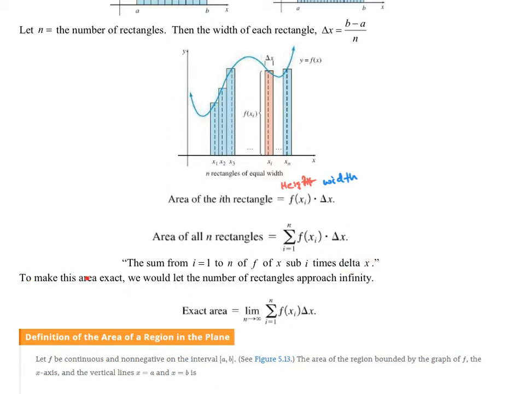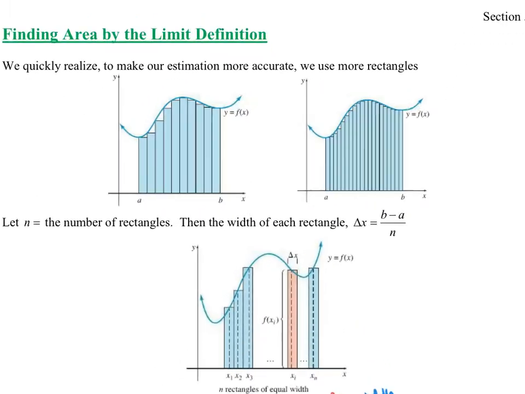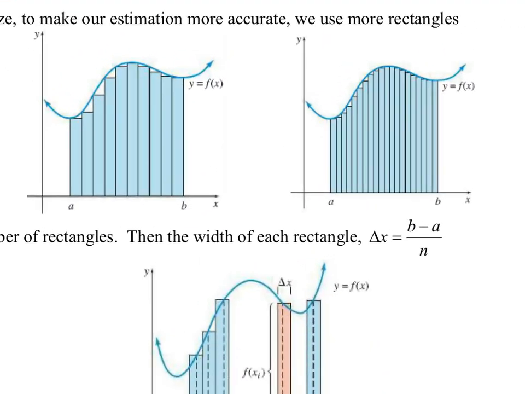And then it says, to make this area exact, to be more accurate, what we realized at the top is, you wanted the number of rectangles to increase. Didn't matter if you used the left endpoint, the right endpoint, or the midpoint. Sometimes between those it's more accurate, but to be even better and more accurate, you want to increase the number of rectangles.